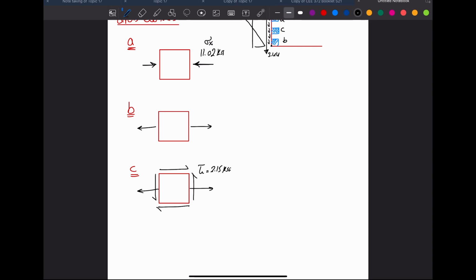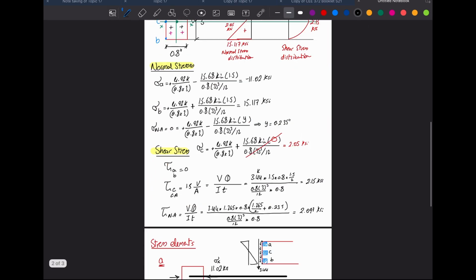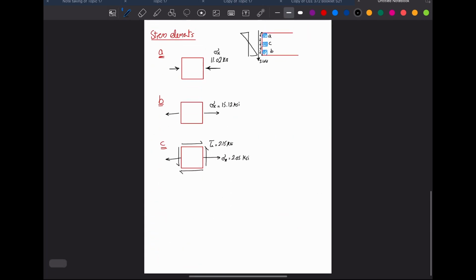So for B, which is down, it's equal to 15.12 KSI, and for C, 2.05. Is there stress in the y direction? No. So I'm done with that step.